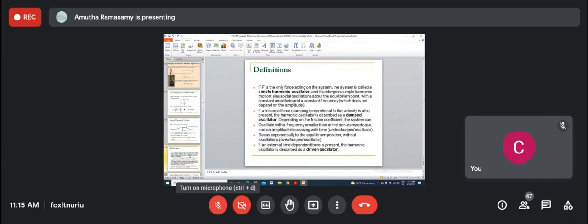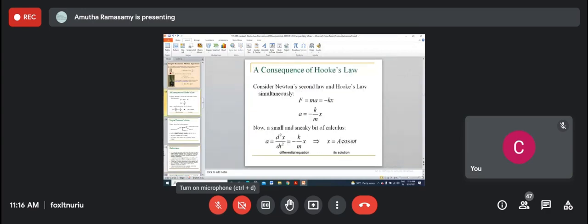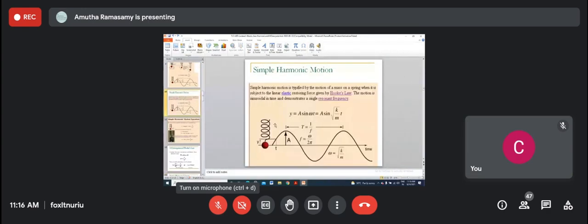At the end we will talk about what is simple harmonic motion. F is the only force acting on the system, and the system is called a simple harmonic motion system. When you are applying this on the system, you should be very careful that there should not be any other motion.